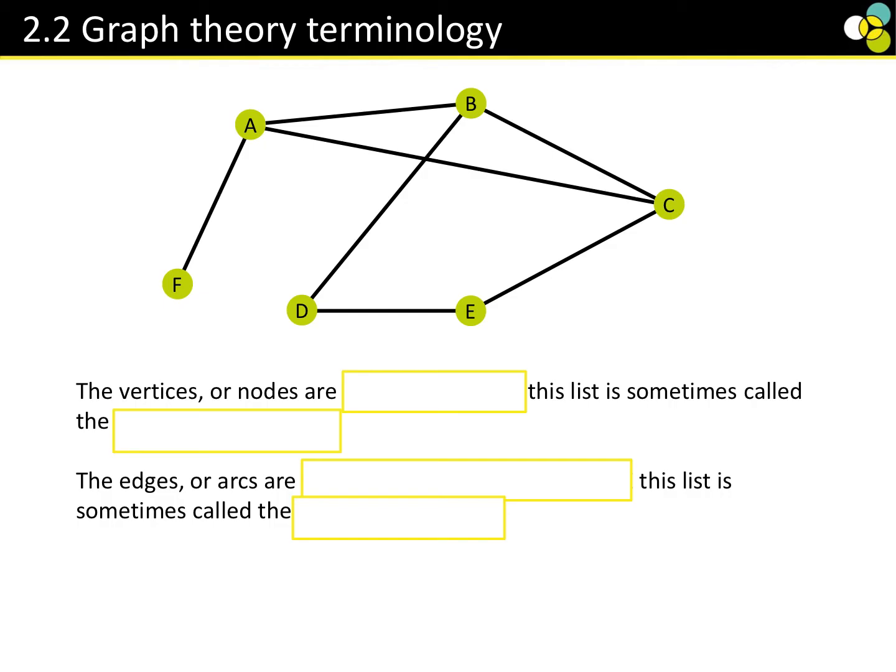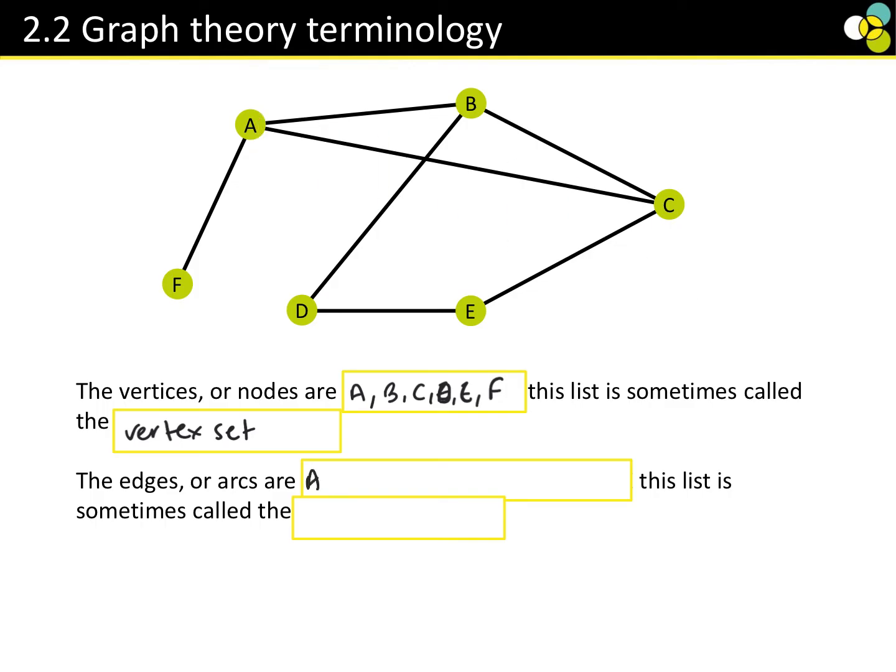So the vertices or nodes here, as we can see, are represented by letters. And what we have available is A, B, C, D, E, and F. Okay? And this list is sometimes called the vertex set. So, the edges and arcs that we have: AB, AF, AC.